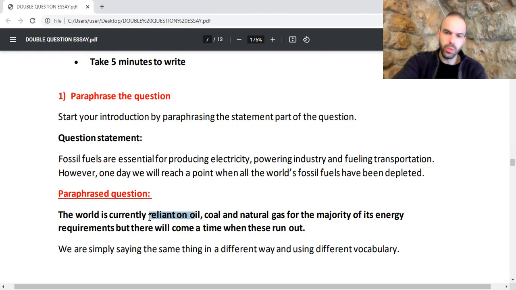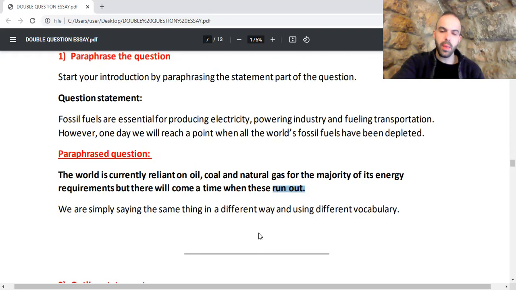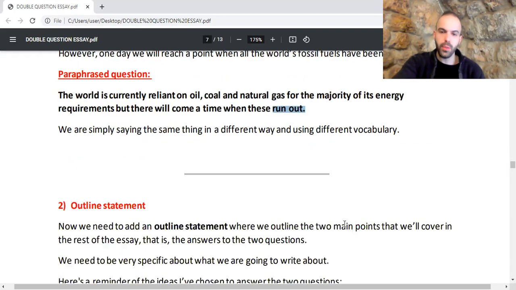It's a good word to use. Okay, oil, coal, and natural gas. So oil, coal, and natural gas are synonyms of the word fossil fuels, but not everyone knows the synonym of fossil fuels. So you can keep it as it is. For the majority of its energy requirements, and it says, but there will come a time when these run out. So run out was written instead of depleted. Okay, so we are simply saying the same thing in a different way and using different vocabulary.